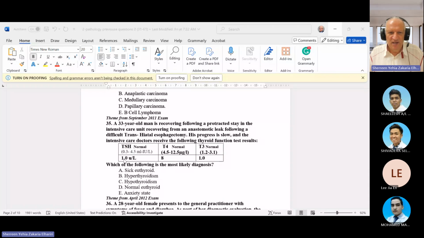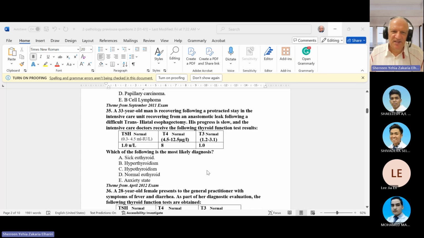TSH is 1 unit, which is normal, a little low. T4 is 8, within normal. T3 is 1, with a normal range of 1 to 3, a little low. What is the most likely diagnosis? So he doesn't have high T3 or low TSH; all are within normal but low. So what could it be?